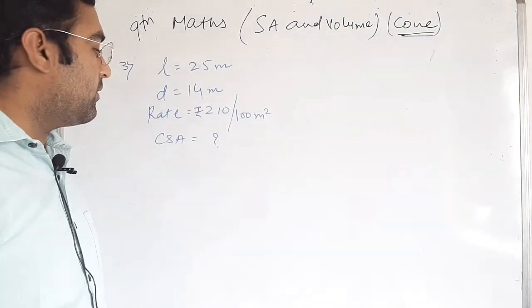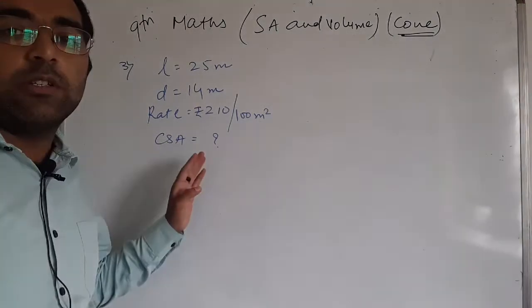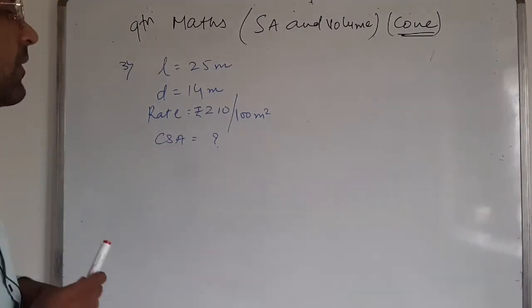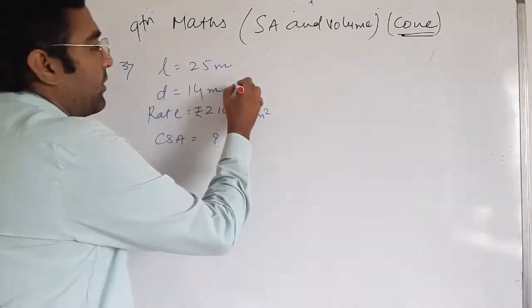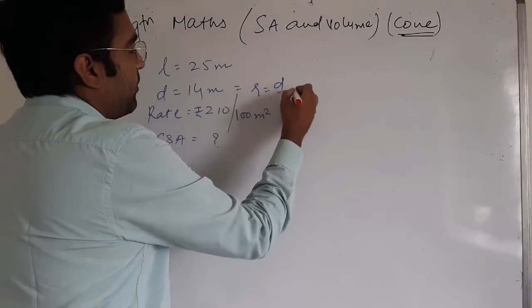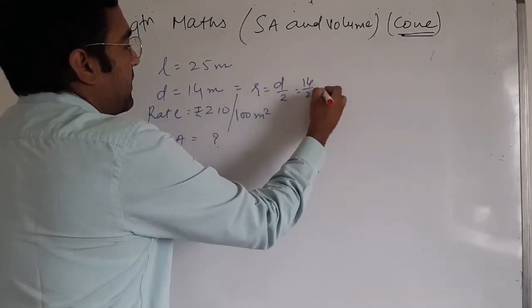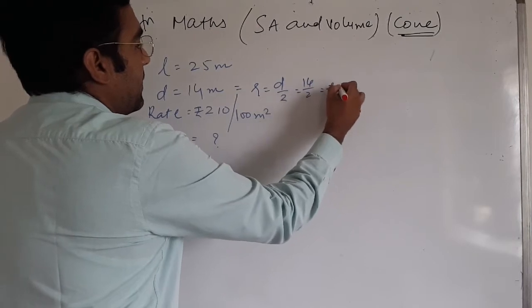Now we have to find the curved surface area of the cone, because they are whitewashing the curved surface area. For that, first of all we convert diameter to radius. Radius equals diameter divided by 2, that is 14 by 2, which is 7 meter.